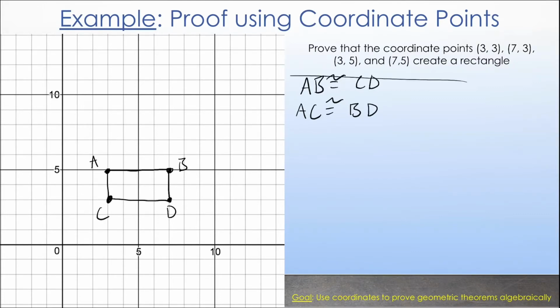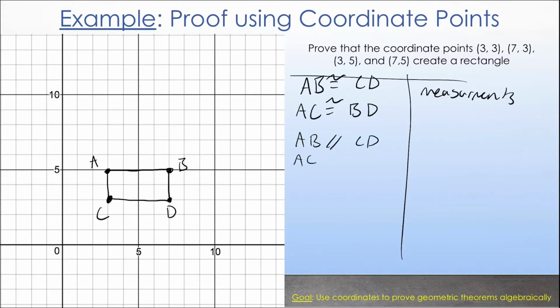We're going to create two columns here, and this is just by measurement. We just figured out the measurements here. Then we can say that AB is parallel to CD, and AC is parallel to BD. That's because they share slopes.